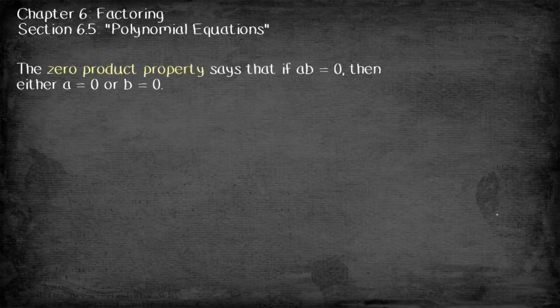So next up, we're going to look at something that's kind of fundamental as far as mathematics is concerned, but it's going to be really helpful for us for solving polynomial equations, and that is the zero product property. This says that if two numbers a and b multiply to give you 0, then either a is equal to 0 or b is equal to 0.